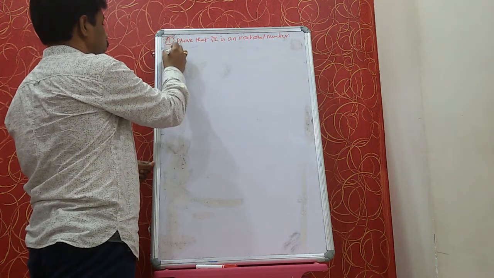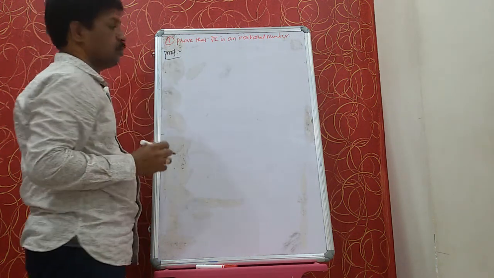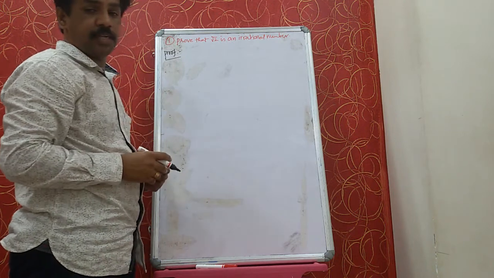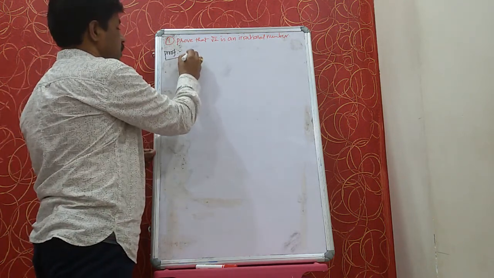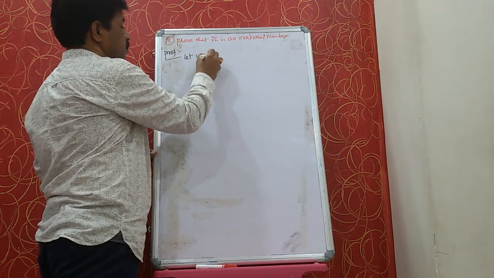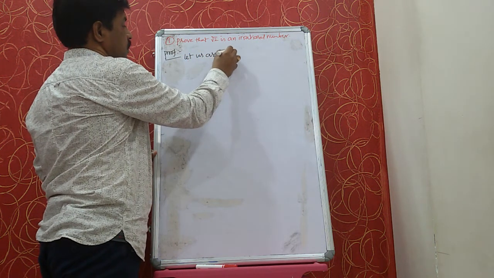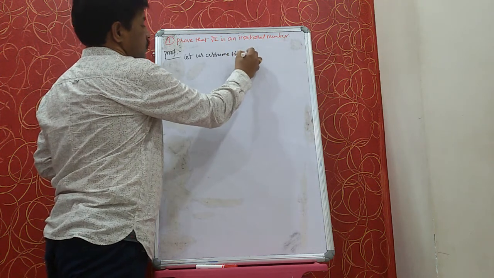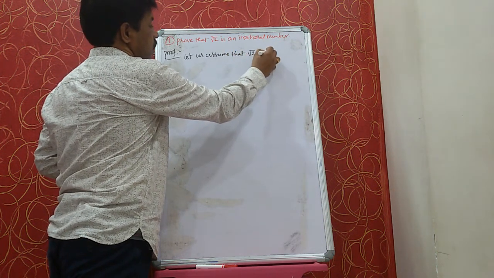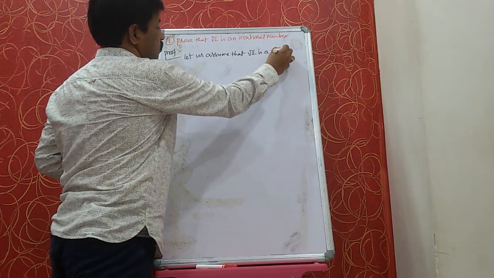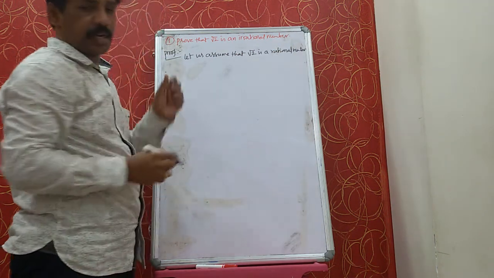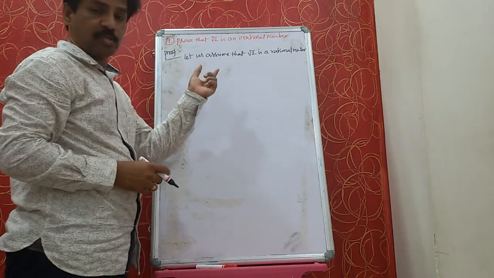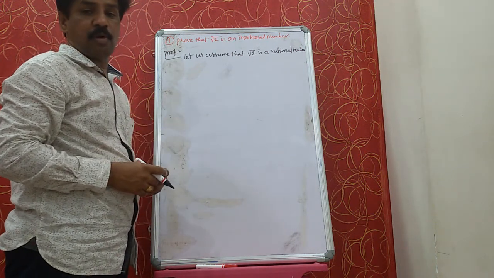Now, proof. We have to take the statement contrary to the given statement. That means let us assume that root 2 is a rational number. When it is a rational number, we can express root 2 in the form of p by q.